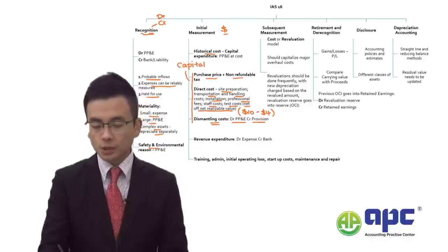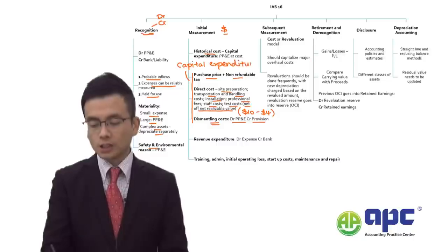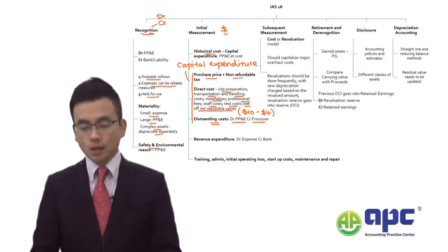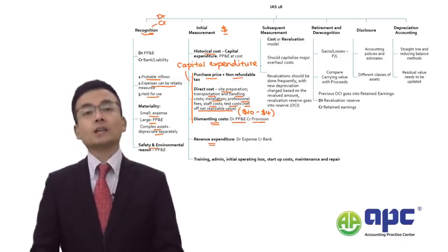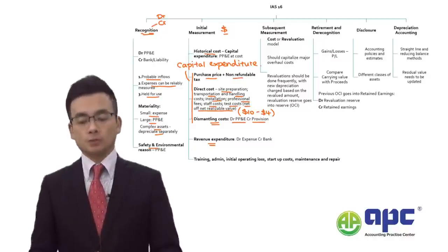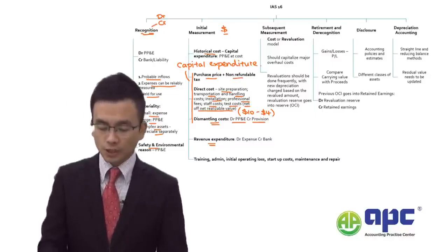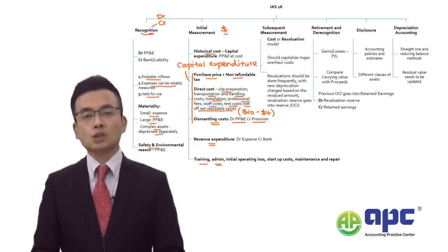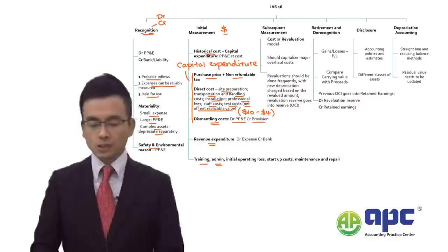So for the capital expenditure, all we can do is to recognize it as part of the PP&E at cost. For revenue expenditure, on the other hand, we simply expense that into the statement of profit or loss in terms of training expenses, admin expenses, for example, the expenses we're going to pay to our staff regarding their salaries and so on.